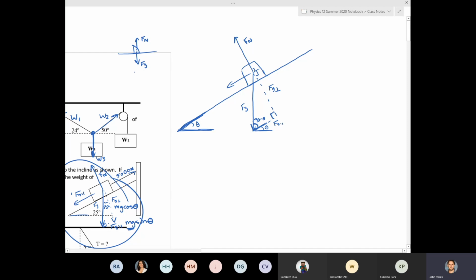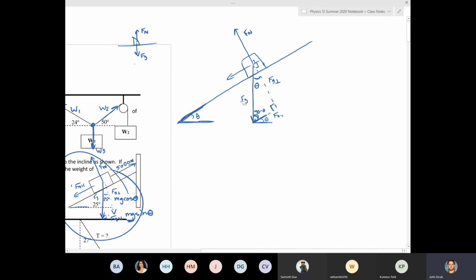And using the rule where it's 180 degrees in the triangle, this angle has to be theta, because this angle up here plus this angle down here has to equal 90. So theta plus 90 minus theta equals 90. So it's just going to be theta.